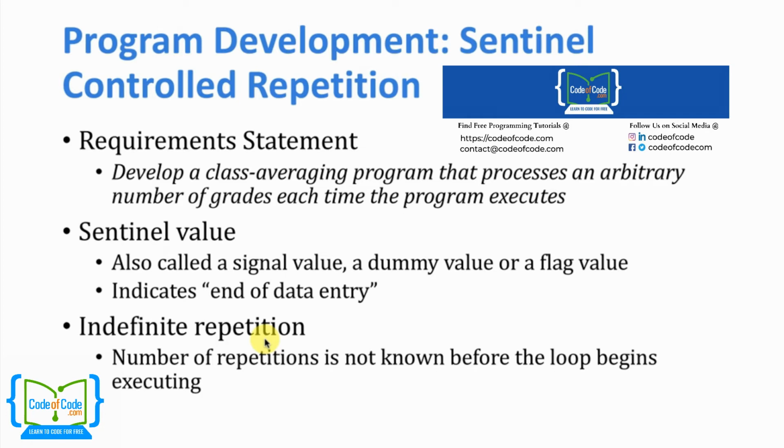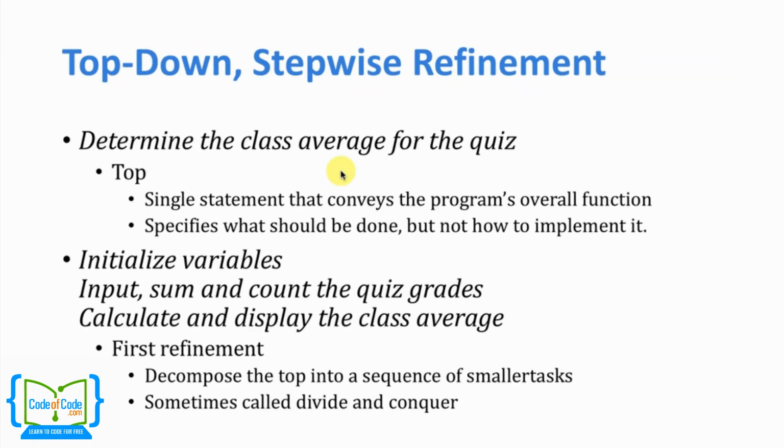In the preceding example, we knew we had precisely 10 grades, and therefore we would be able to specify in advance precisely the grades to process and the number of them. But here we're going to determine that on the fly.